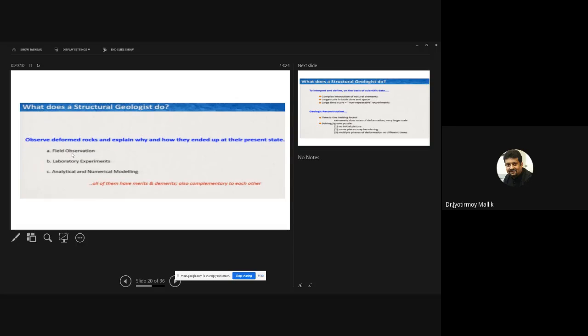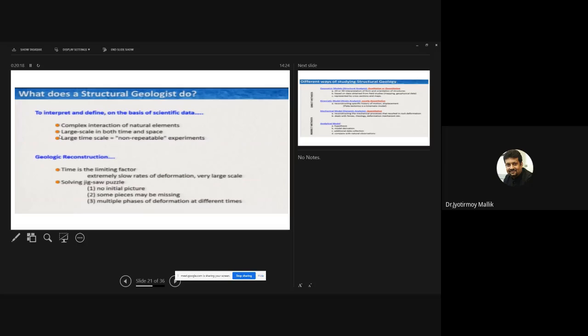So these are the few tools that we have: field observation, laboratory experiments, and analytical and numerical modeling. We will see how these are done later on. So what does a structural geologist do? To interpret and define, on the basis of scientific data, the complex interaction of natural elements, large scale in both time and space, large time scale, non-repeatable experiments.